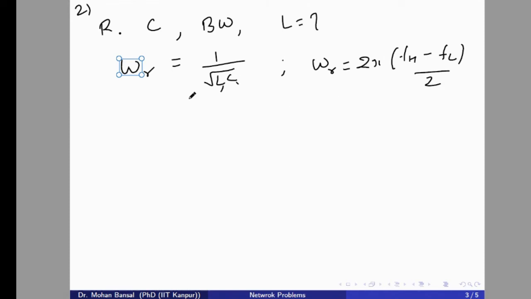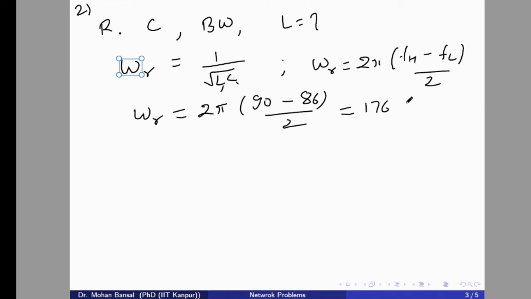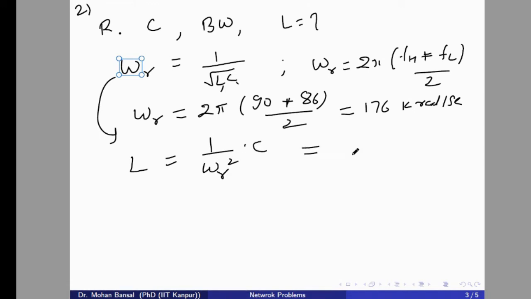Here omega R is 2 pi into (90 minus 86) divided by 2, plus the center frequency, we are computing (90 plus 86) divided by 2, which is 176 kilo radian per second. Now we can easily compute the value of the inductor by using this formula, L equal to 1 divided by omega R square into C. So L is 0.16 millihenry after solving this problem.